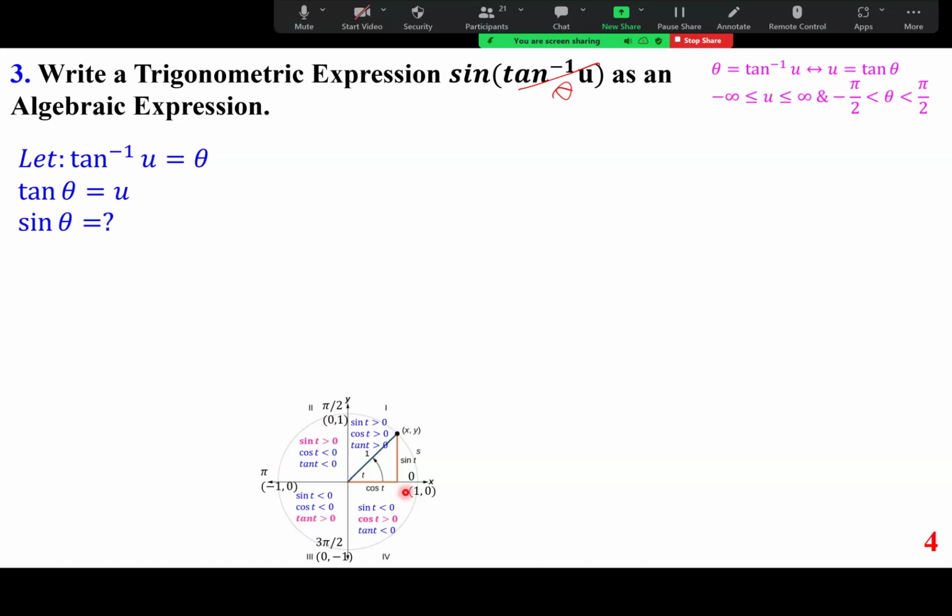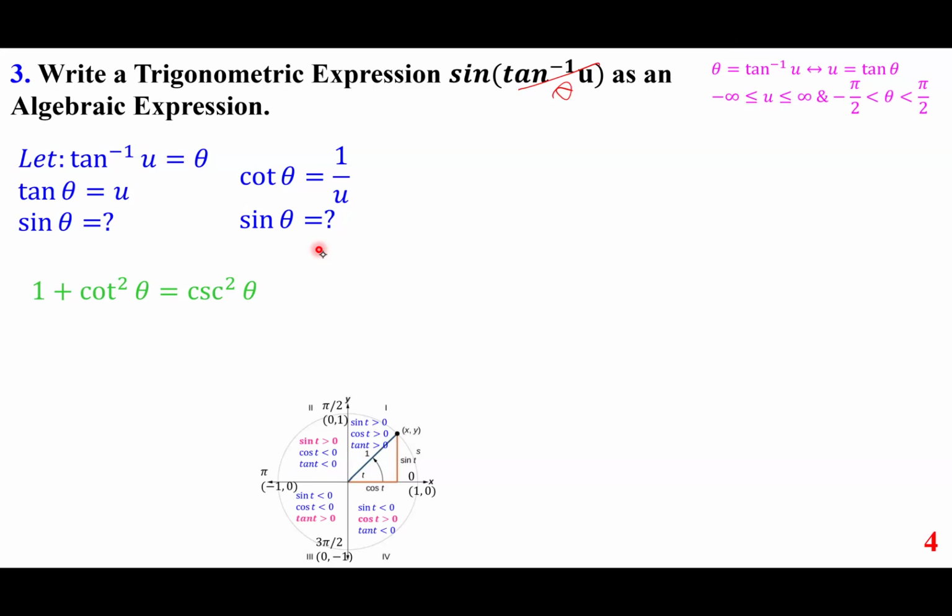So with that being the case, let's continue. Cotangent theta, we take it to be 1/u, the reciprocal of that, and we want to find sine. The reason we want to do that is because of the Pythagorean identity. 1 plus cotangent squared is cosecant squared. It is one of those that we are familiar with.